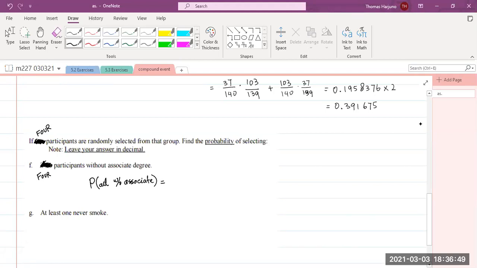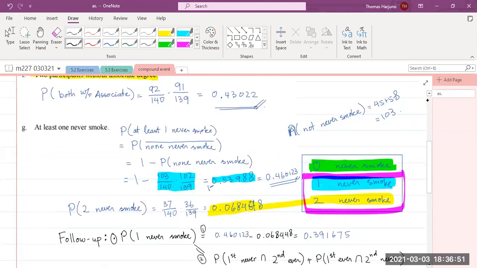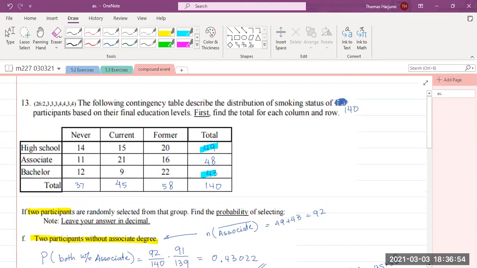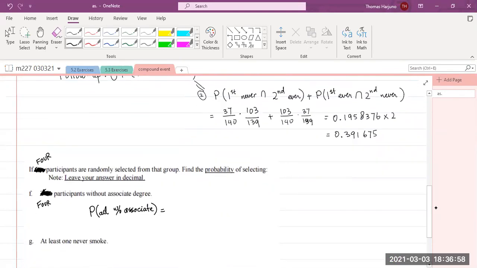Now, how many people without associate degree? We computed earlier, there are 92 people without associate degree. Okay, now what is the probability that all 4 of these without associate degree? 92 over 140 times 91 over 139 times 90 over 138 times 89 over 137. Like you need to do it 4 times, right? Okay, and you compute it yourself.